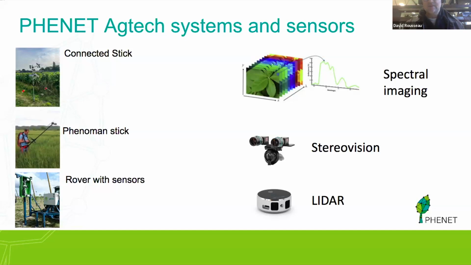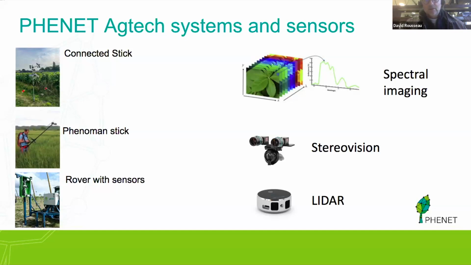And 70 of these sticks are now being spread out inside of the network of PHENET. They include standard sensors such as the measurement of the speed of the wind, pluviometer, cameras to measure at zenith or 45-degree angles, measurement of temperature in the soil, and other soil sensors which can be integrated here.